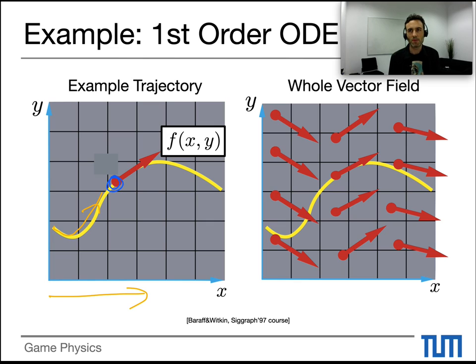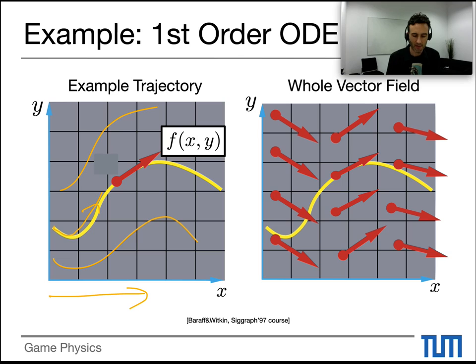Now this function f of x and y at this point gives us the derivative of y, and tells us how y changes along the y-axis. The important thing to note is we do not just have one of these curves, but this whole space could be filled with curves that we could theoretically track.